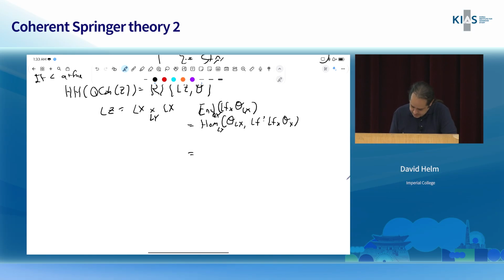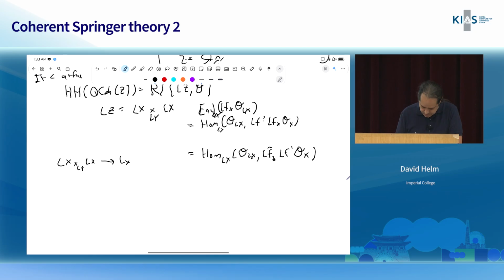And in turn, because we have a Cartesian diagram, you can rewrite this as Hom in LX, O_LX, LF tilde lower star, LF prime upper shriek, O_X, where here we're looking at the diagram LX crossed over LY LX, mapping to LX to LX to LY.